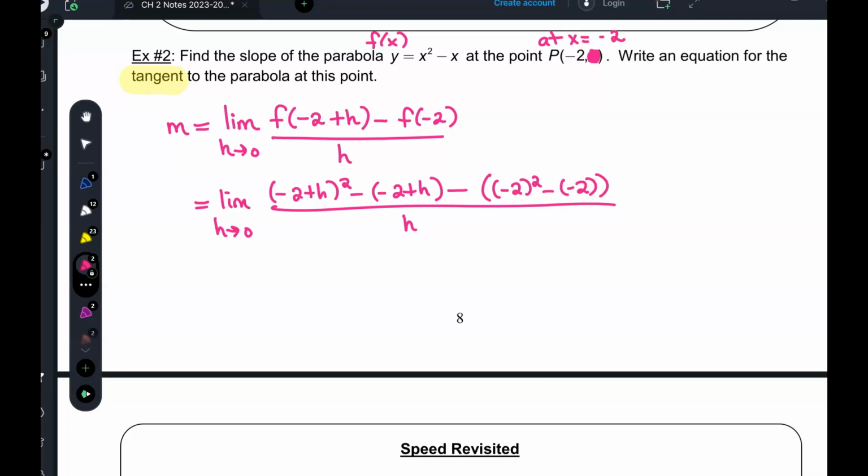No. Oh, wait a second. I plugged in the 2, so I got -6. Yeah, that's right.